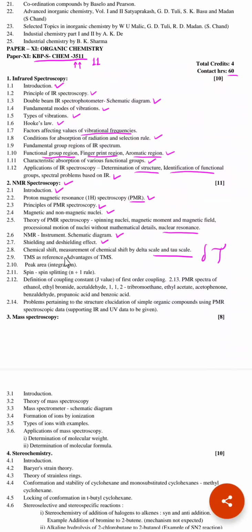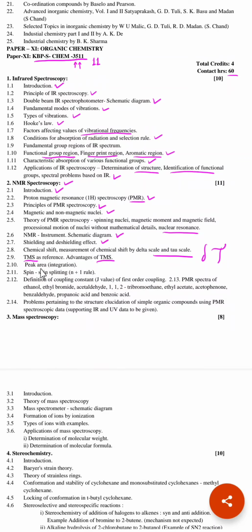Then TMS as a reference. Why this TMS, tetramethylsilane, is used as standard or reference, and what are the advantages of using TMS as an internal standard or reference in NMR spectroscopy?